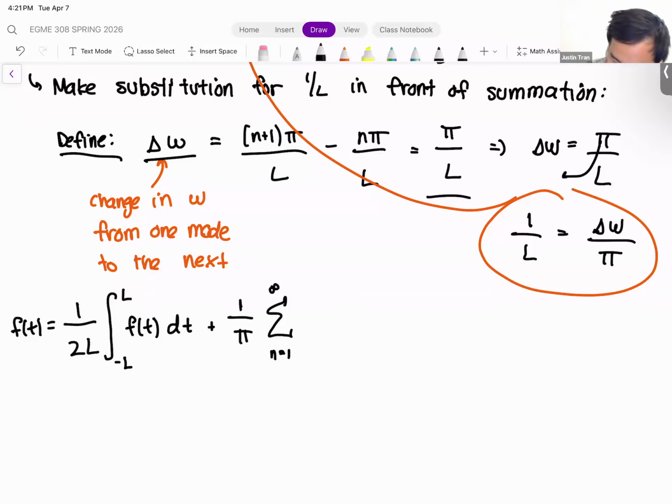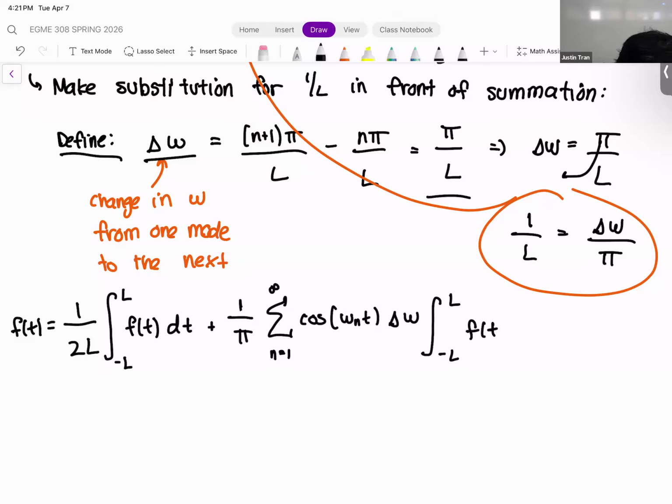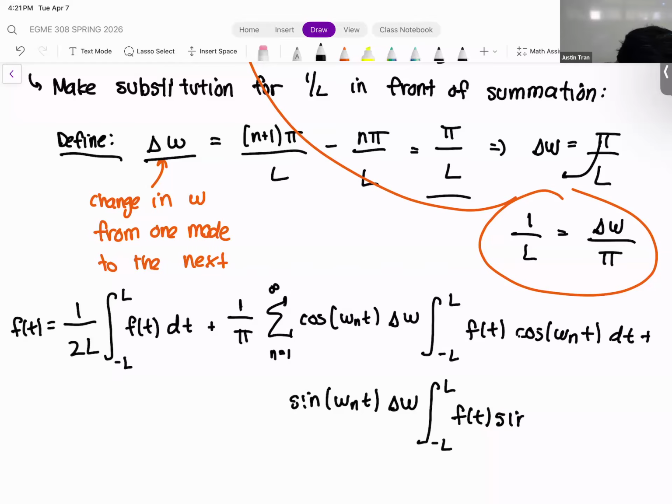We have the summation from 1 to infinity, cosine omega n times t times delta omega, integral from minus L to L of f of t cosine omega n t dt, plus sine omega n t delta omega integral from minus L to L of f of t sine omega n t dt.